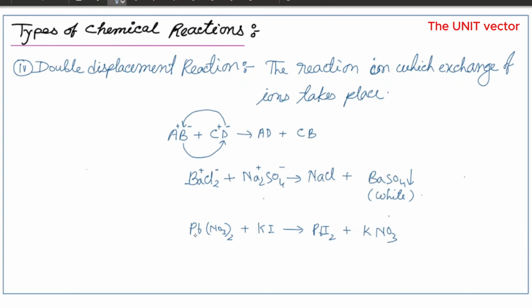Lead has the positive ion and nitrate has the negative ion. In potassium iodide, potassium has the positive ion and iodine has the negative ion. So they exchange their ions and produce lead iodide and potassium nitrate. In this reaction, a yellow precipitate is formed. So the color of lead iodide is yellow and it forms a precipitate in this reaction.